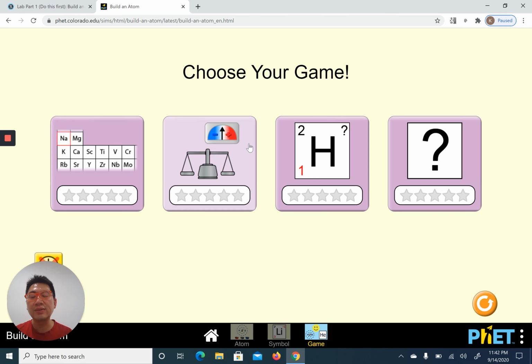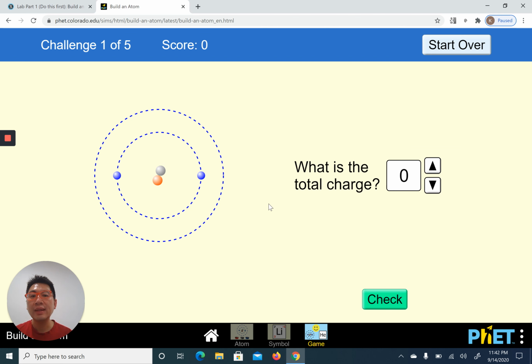Now let's do 3 of these. Okay, so the question is, what is the total charge of this thing? I have 1 proton. The red one's a proton. Either way, if you thought the white one's a proton, there's just 1 positive, and there's 2 negatives. 2 negatives, 1 positive.